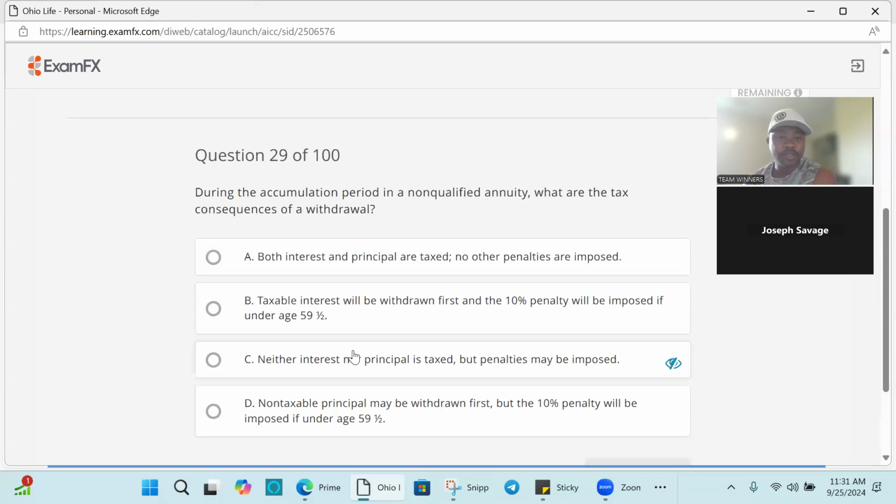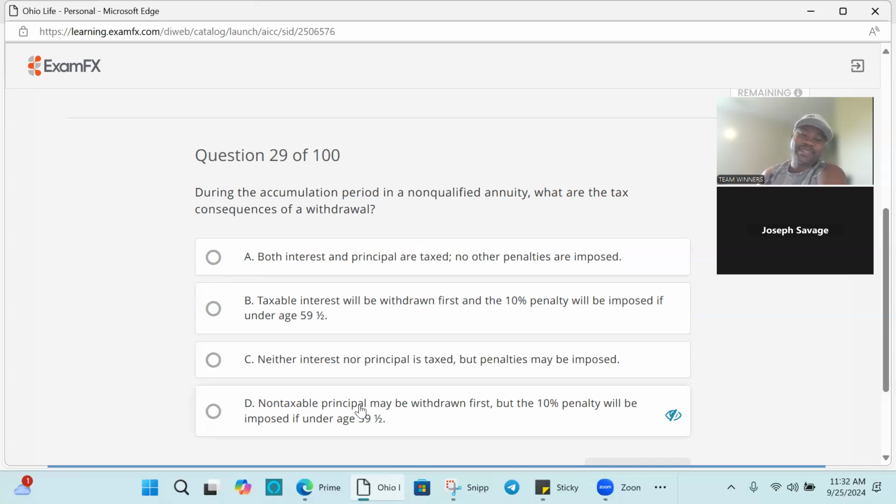Non-taxable principal may be withdrawn first, but the 10% penalty will be imposed if under 59 and a half. It's either B or D. What's the only thing that's taxed in an annuity? The growth. It comes out on a LIFO basis.